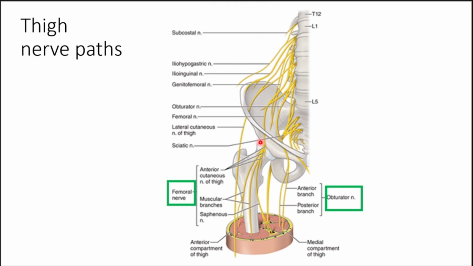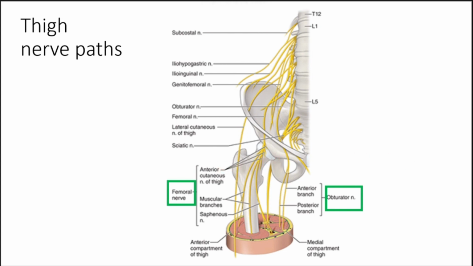The femoral nerve then enters the anterior compartment of the thigh, where it provides motor innervation to the quadriceps femoris muscle groups, the sartorius and pectineus muscles. In addition, the femoral nerve provides sensory innervation via the anterior cutaneous nerve of the thigh and the saphenous nerve.